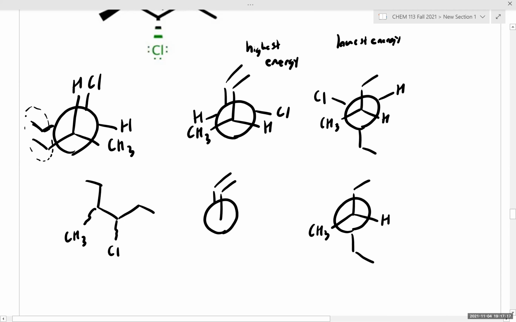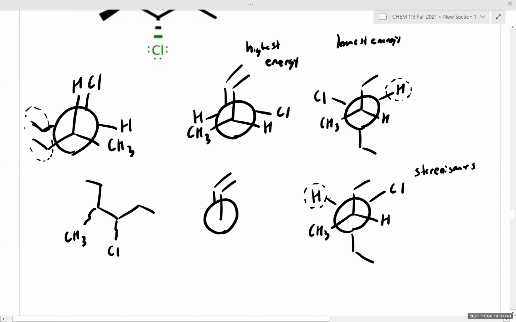And just as a curiosity, if we had a choice between placing the hydrogen on the right, which is the actual structure, or the hydrogen on the left, which of these two stereoisomers would be the lowest in energy? The one on top.